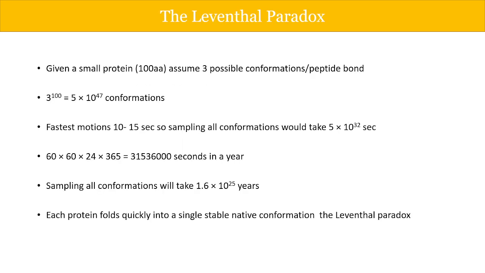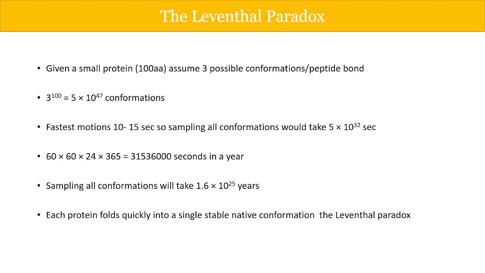Now, we have also talked about the Levinthal paradox, where, for example, we have a given protein of 100 amino acids, and each amino acid or each peptide bond can be involved in 3 possible conformations.